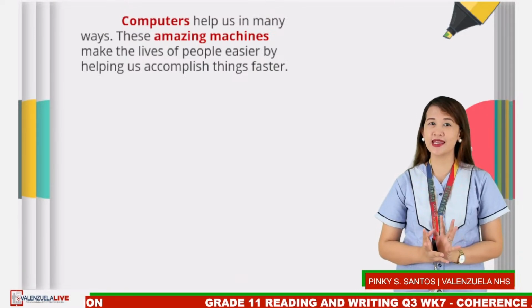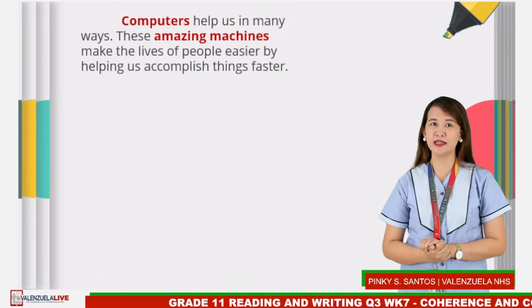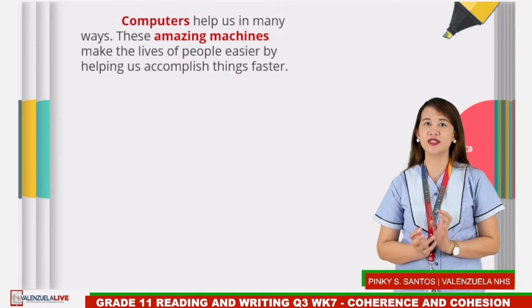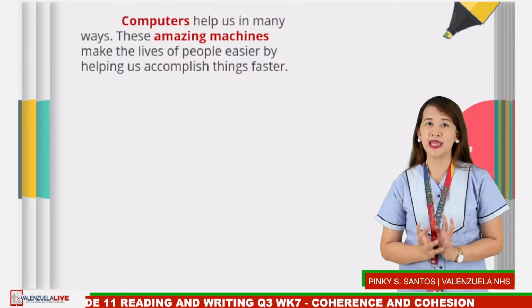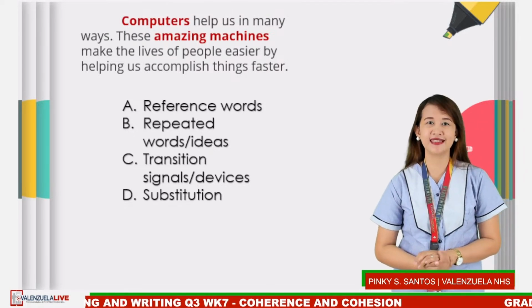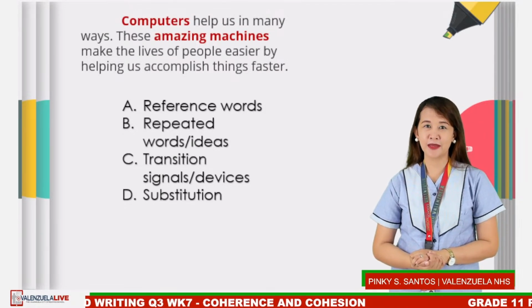Question number 3. Computers help us in many ways. These amazing machines make the lives of people easier by helping us accomplish things faster. What do you think is the answer? 5 seconds.